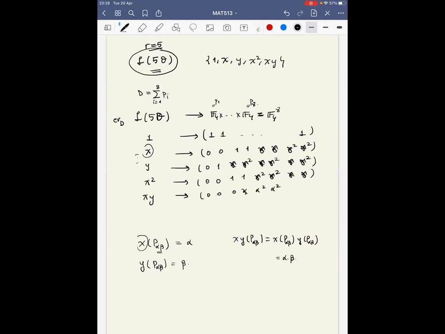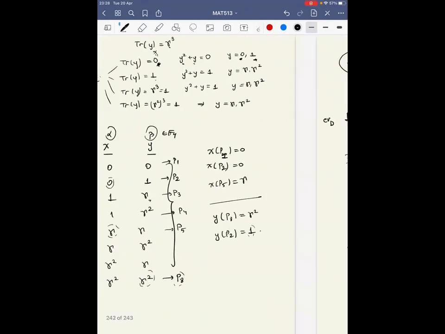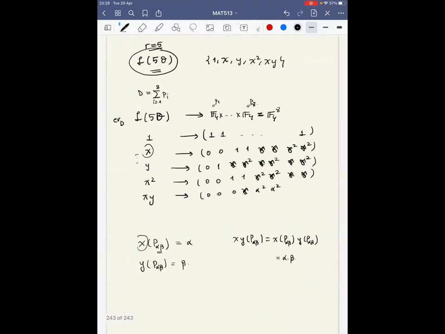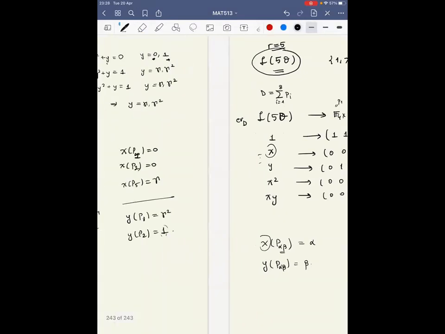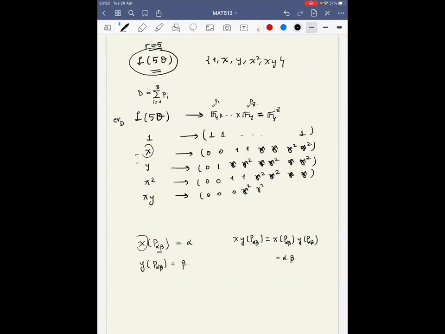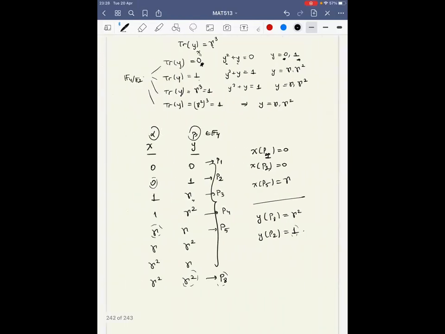And if I don't make a calculation mistake, for P4, we get gamma square. And at P5, we get gamma square. And at P6, we get gamma cube.